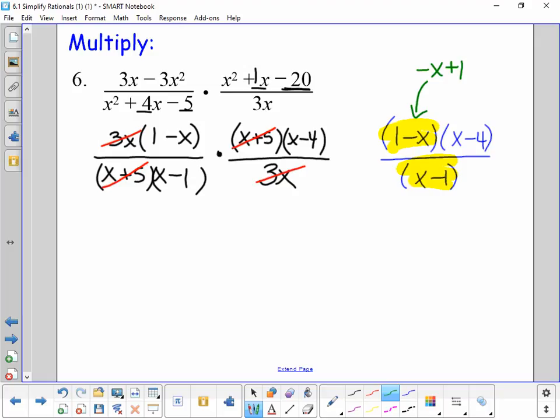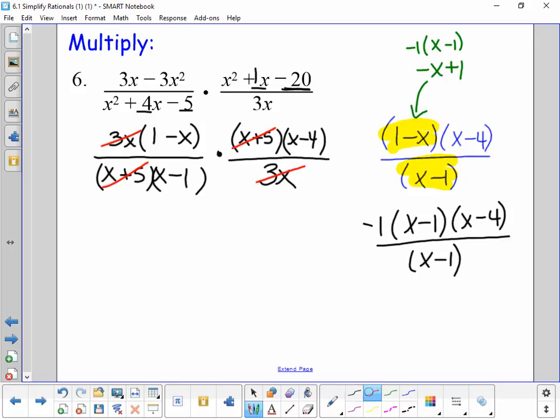And I don't really like having a negative in front of my x, so I'm going to factor out the -1 to get an x minus 1 here. So another way to write this would be with that -1 and the x minus 1. And when you factor out that -1, you can see that these two reduce. So it leaves you with the final answer of -x minus 4 like this.